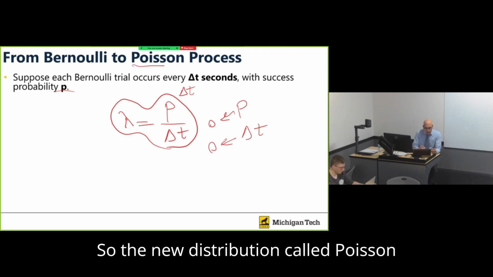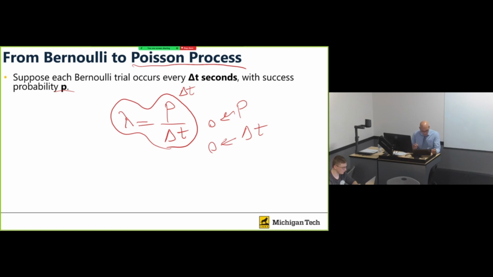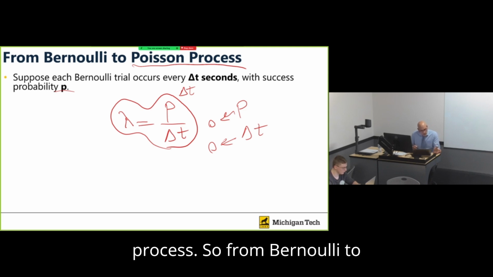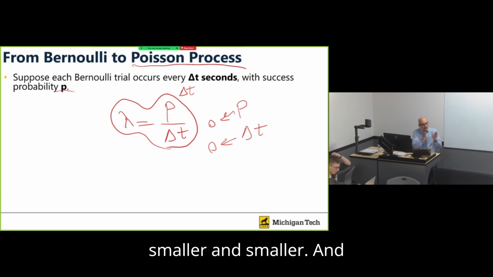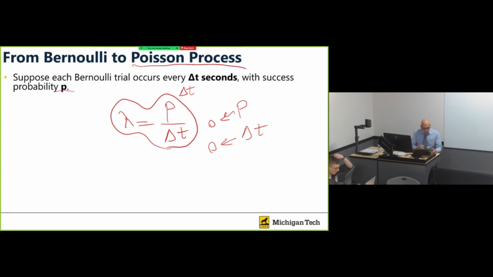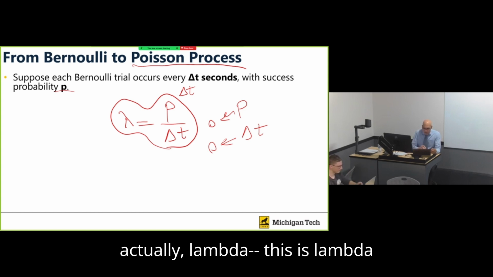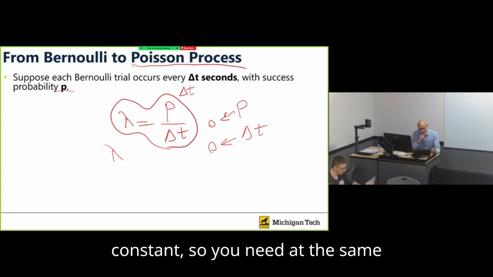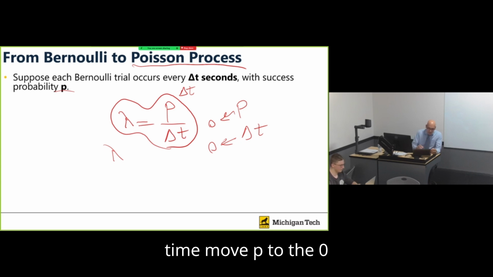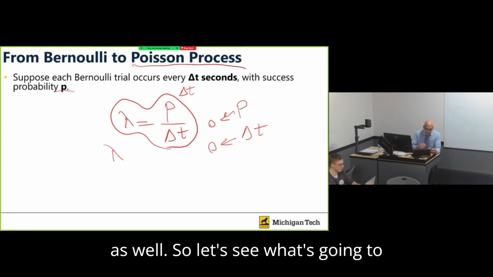So this makes a new distribution, called the Poisson process. From Bernoulli to Poisson, you just need to make delta t smaller and smaller, and to keep this lambda constant, you need to move p to 0 as well.